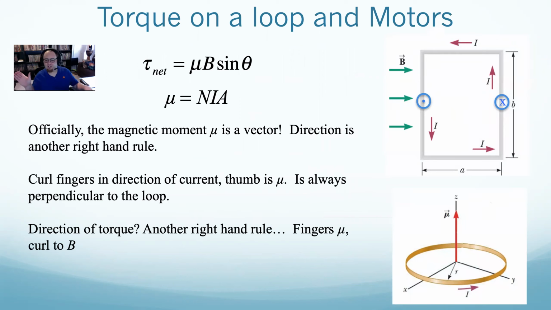If you want to know the direction of mu, curl your fingers in the same direction I is, and your thumb points mu. So like for my upper picture, I is going counterclockwise, so mu is out of the page. And the angle in question is the angle in between mu and B. That's the theta here.